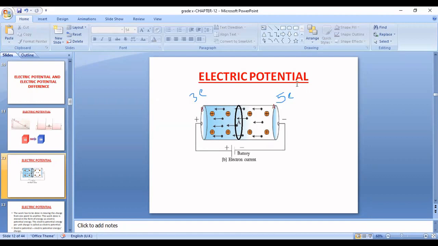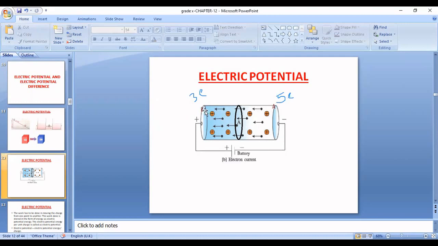So that work done is stored in the form of energy, right? And that is called electric potential energy. And electric potential energy per unit charge is known as electric potential. So that is the electric potential. It means at point A we have some sort of electric potential.